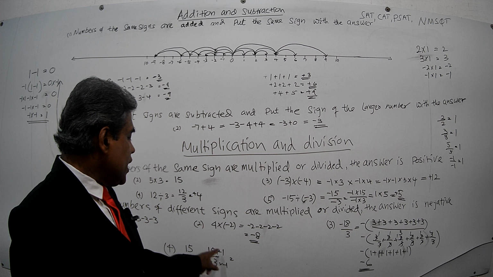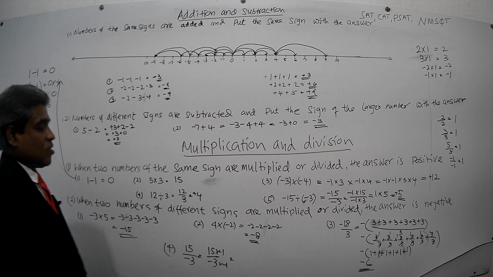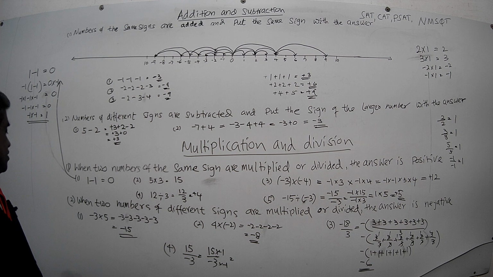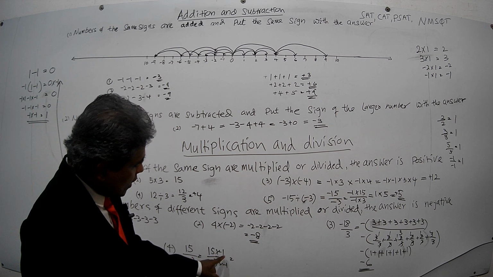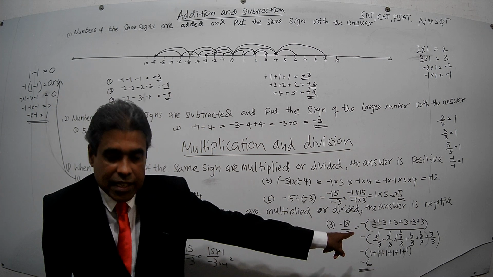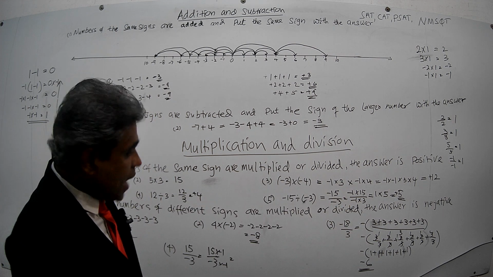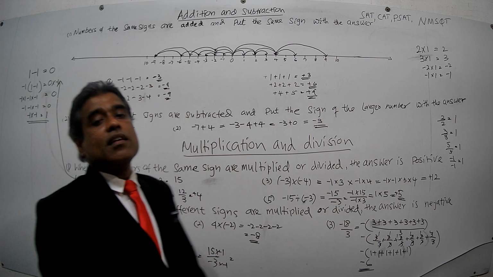Then 15 into minus 1 means 15 minus 1s added: minus 1, minus 1, minus 1, and so on. If you add them using this rule, you get minus 15.